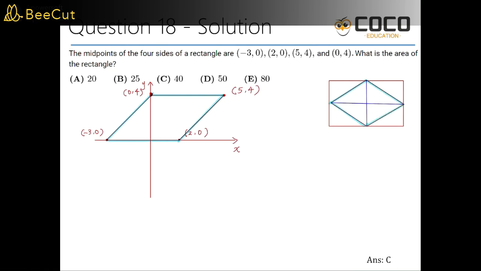Okay, let's find the area of this parallelogram. From -3 to 2, this is 5. 3 plus 2 equals 5. Then this is the origin, 0, 0. So from 0, 0 to 0, 4, this is 4.